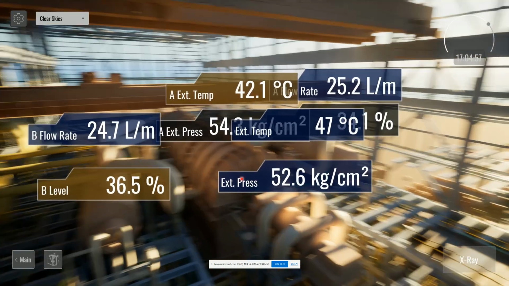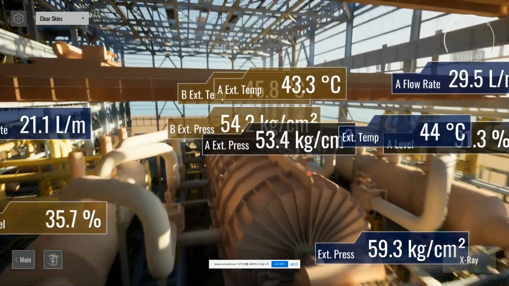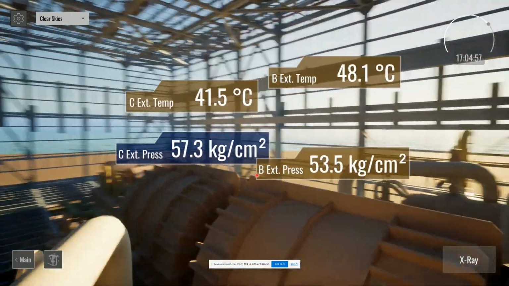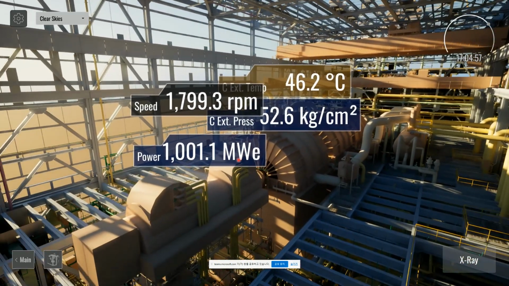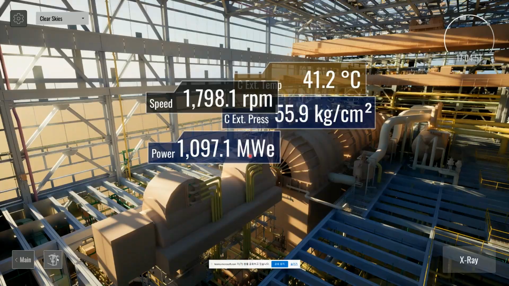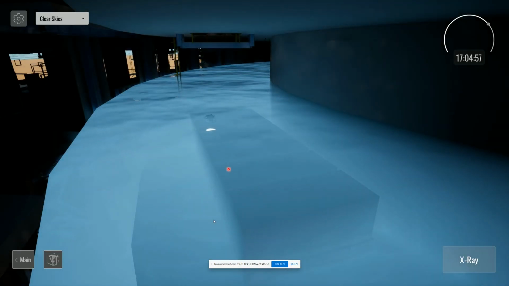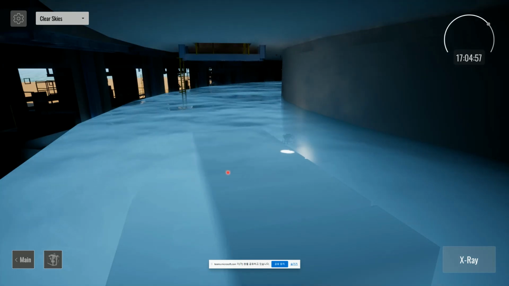And let's look at this pressure and the temperature at the inlet of the turbine and also outlet of the turbine. The maintenance record can also be accumulated for each part. This kind of digital twin will help the safe and high performance operation of the plant.